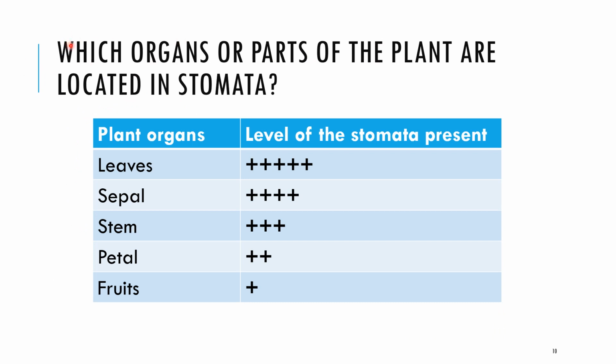Here, this table shows a summary of the location of stomata. Stomata are typically found in plant leaves, but can also be found in other organs, namely sepal, stem, petal, and fruit. Stomata are generally more numerous on the lower leaf.